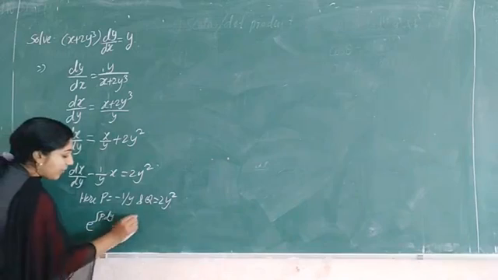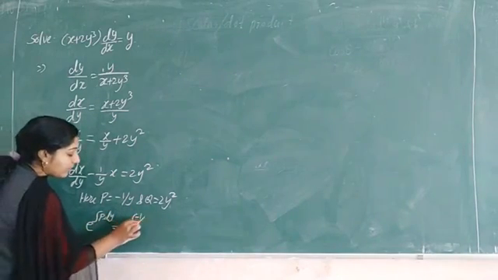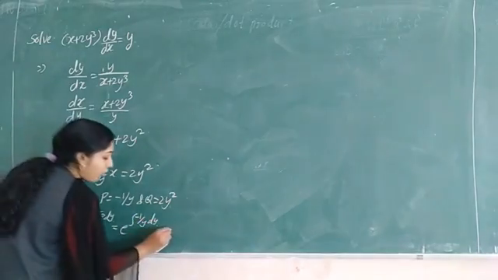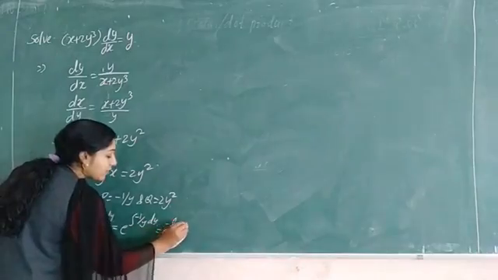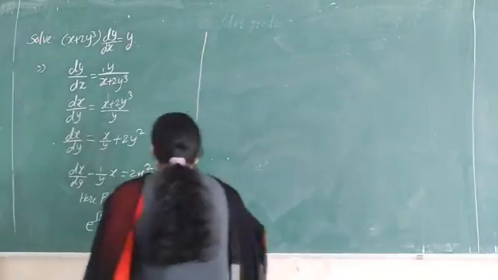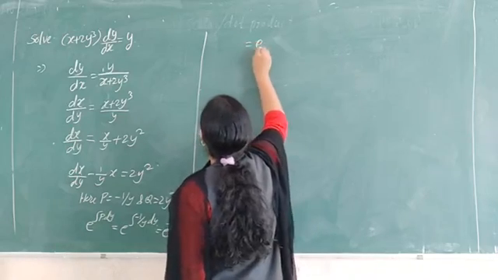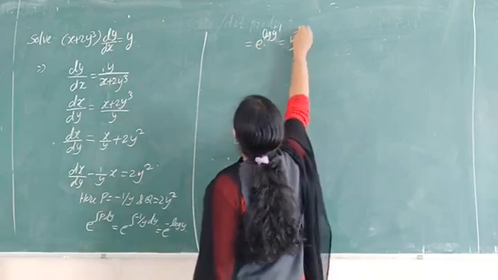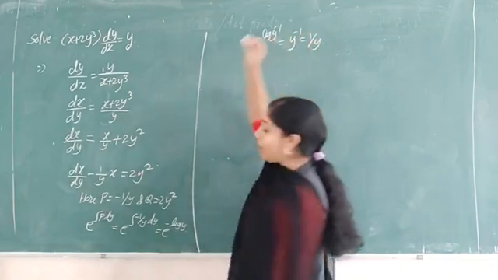This is equal to e to the power of integration of minus 1 by y dy. Integration of 1 by y is log y, so e to the power of minus log y. Again use the property, so we can write this as e to the power of log y raised to minus 1. So the answer is y raised to minus 1, that is 1 by y.